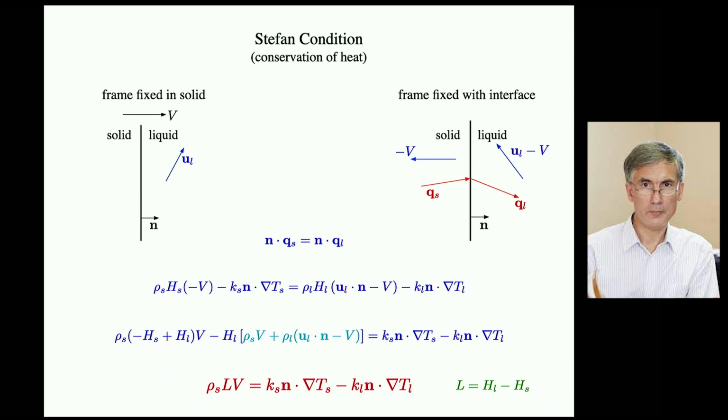That's that statement here. We have expressions for the heat flux from the previous slide. So we have an advective heat flux and a diffusive heat flux in the solid and in the liquid. I'll rearrange terms a little bit, and I've got my HS minus V, and then I've added in a term which doesn't appear on the previous line, but immediately taken it away.